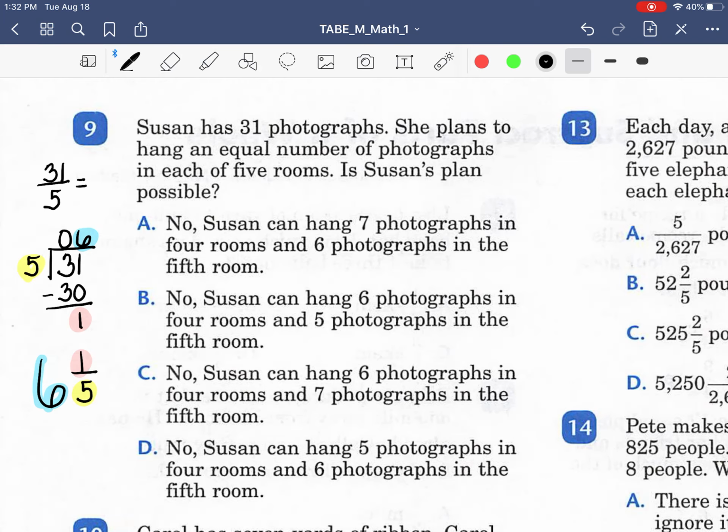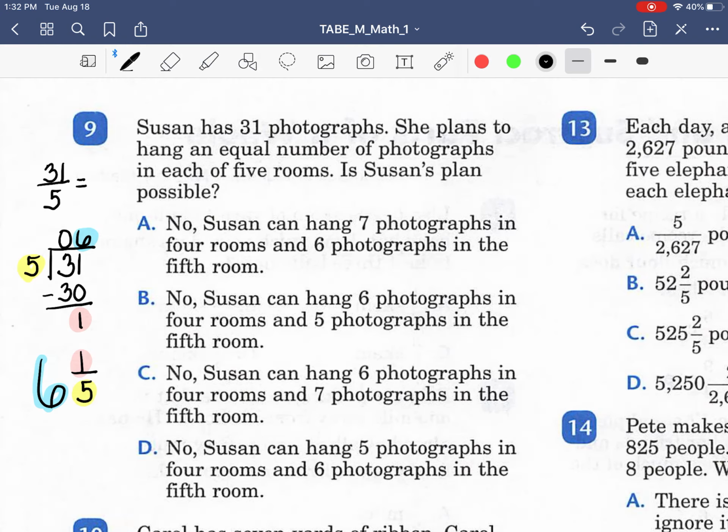C says, no, Susan can hang 6 photographs in 4 rooms and 7 photographs in the 5th room. D says no, Susan can hang 5 photographs in 4 rooms and 6 photographs in the 5th room.